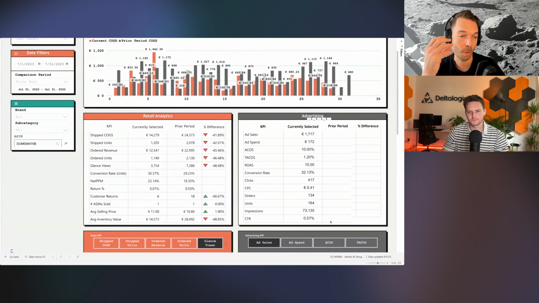One of the key benefits of using our vendor BI tool is we start storing this data. So if we fast forward into the next year in 2024, we will have this data available to compare it. And then our analysis will be even easier, because we will store this advertising data as long as you work with the tool. So this is also another key benefit.